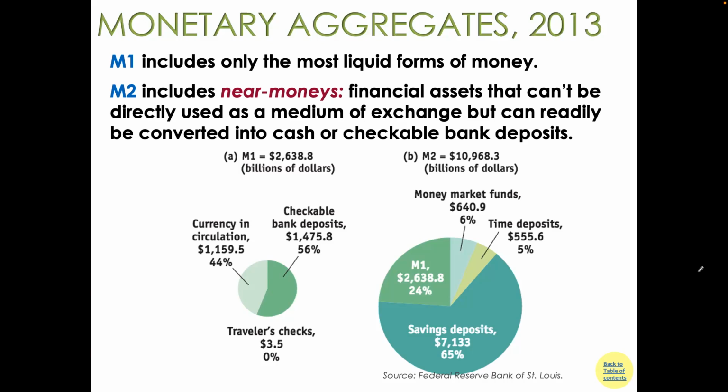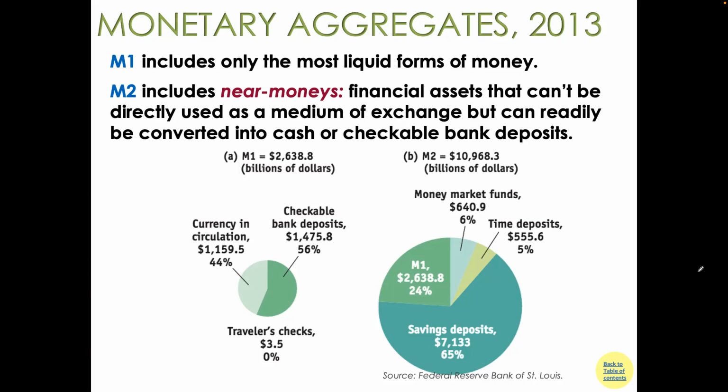Because if you look at this picture on the right-hand side, the Fed only directly controls 10%, right? Look at it carefully, okay? So the Fed only directly controls 10% of the money supply. But where does the rest of the 90% come from? And these are very important questions.